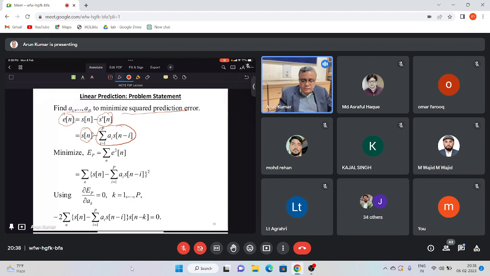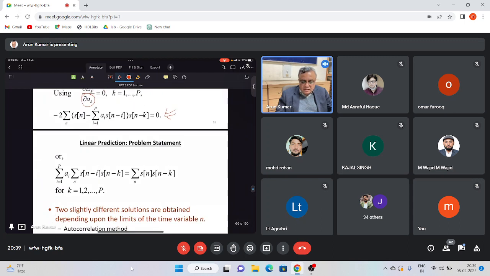And the way to find a1 to aP is to minimize the squared prediction error. So the squared prediction error E_P is given by the summation of e squared of n, which we substitute from the previous equation over here. Now we differentiate this E_P with respect to the variables, that is the a_k's, which leads us to this set of equations that is written in the last line.